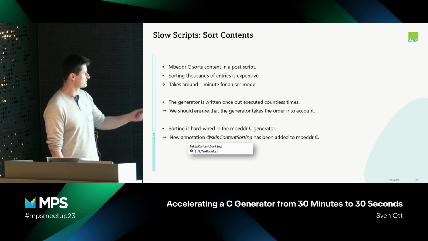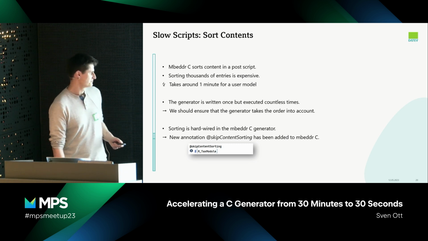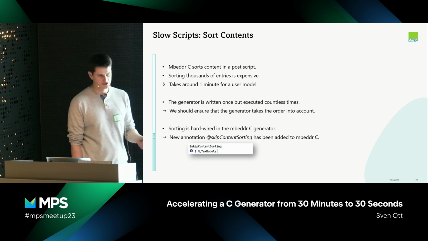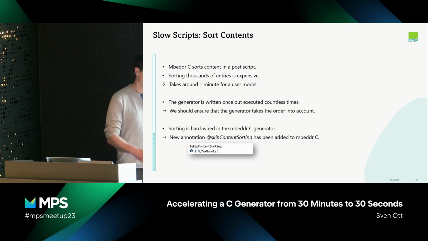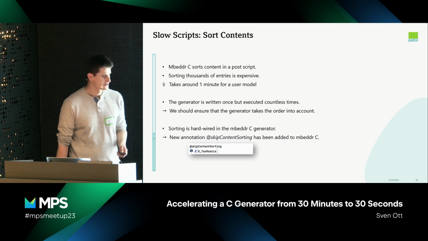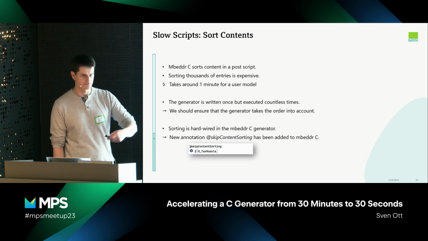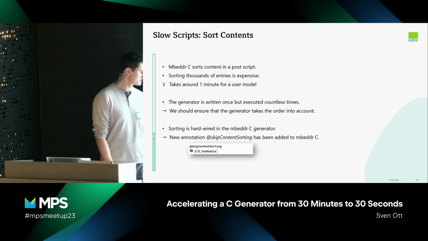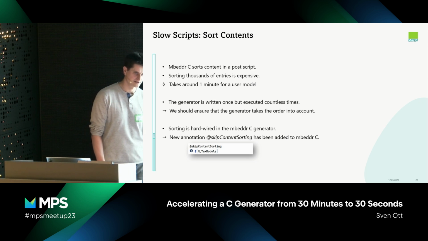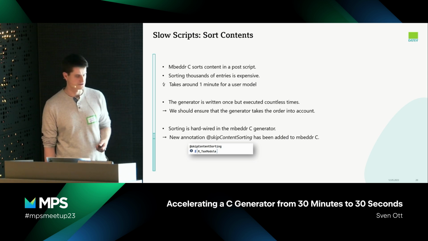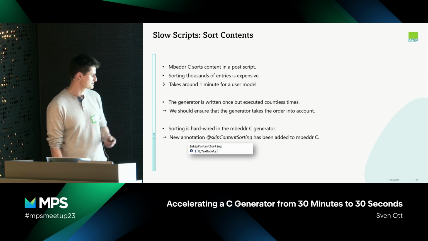And we thought, okay, this minute is just wasted, because the generator is usually written once, but executed countless times. So why actually should we sort the content every time? We as generator developers could ensure that the order is always correct so that we don't need that post-processing script.